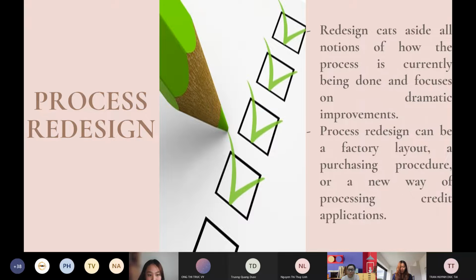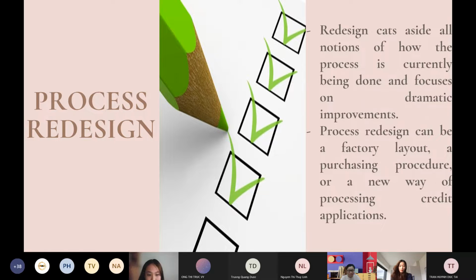Process redesign also focuses on those activities that cross functional lines, because managers are often in charge of specific functions or specialized areas of responsibility. Activities that cross from one function or specialty to another may be neglected.